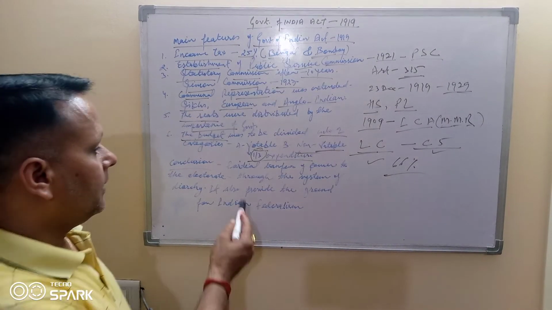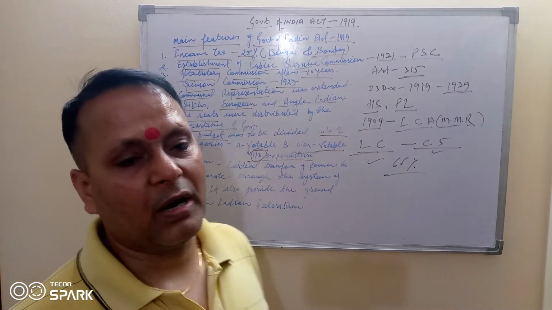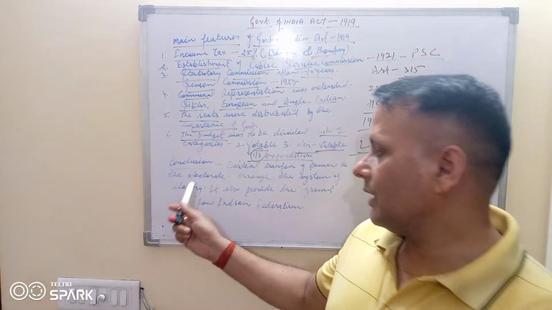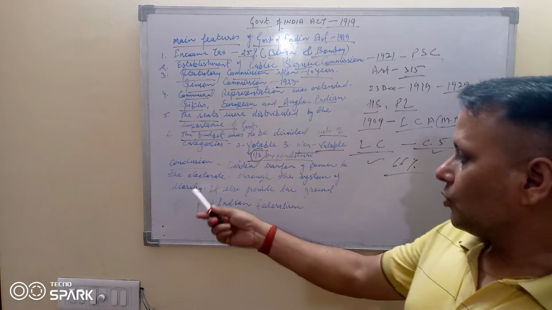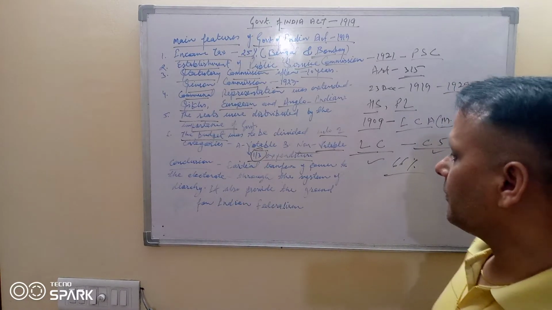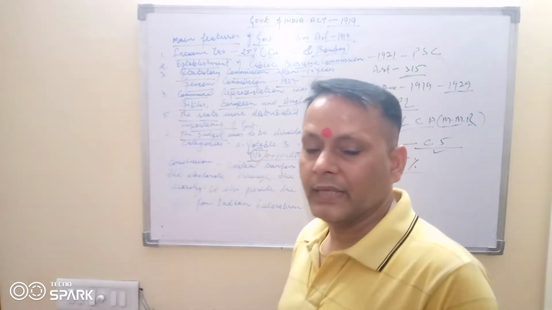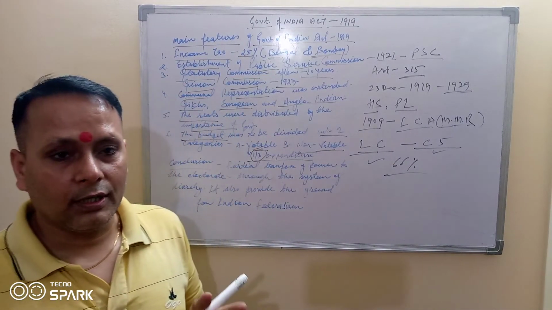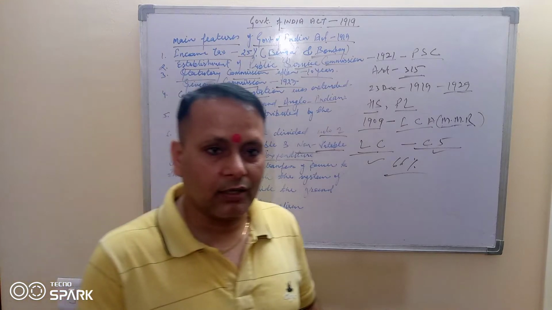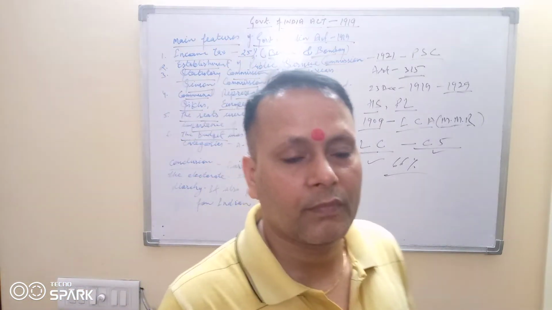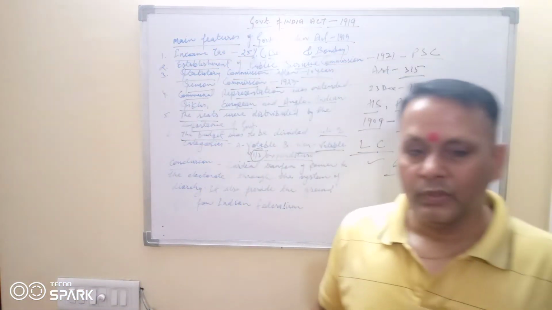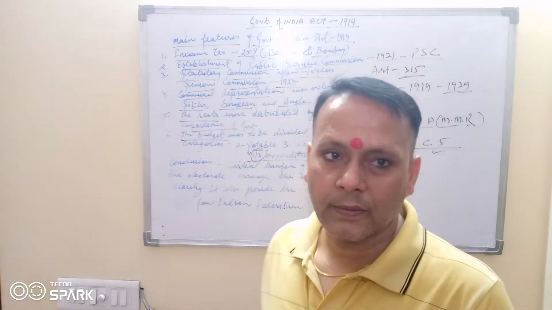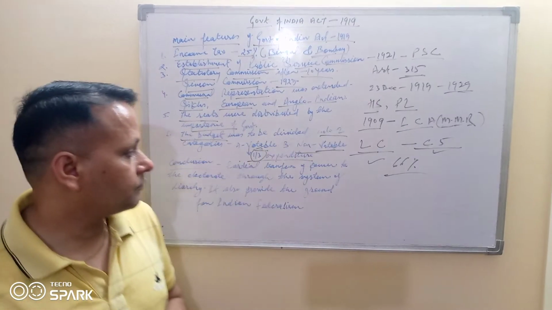So this is a partial transfer of power. This is a partial transfer of power to the electorate through the system of diarchy. In the diarchy system, there are two subjects, as we discussed in our previous class, where one is transferred.